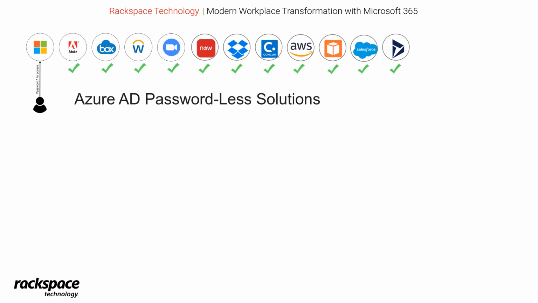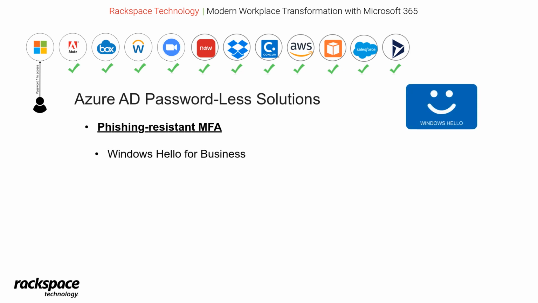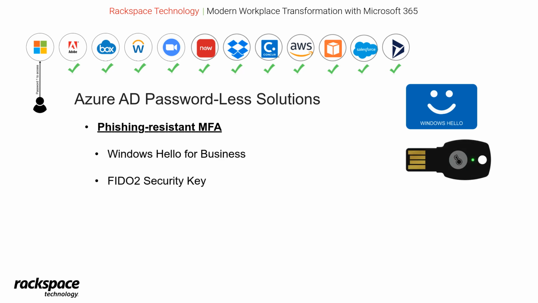Azure AD has what's known as passwordless solutions. Here are a few of them. When I talk about passwordless solutions, we're really talking about different factors of authentication. There's phishing resistant multi-factor authentication, and this comes in the flavors of Windows Hello for Business, which uses your biometric facial features to provide authentication.